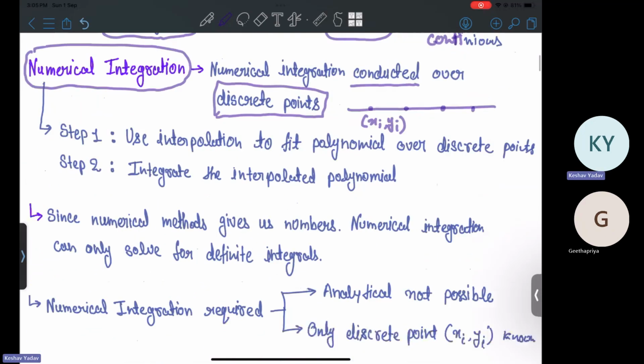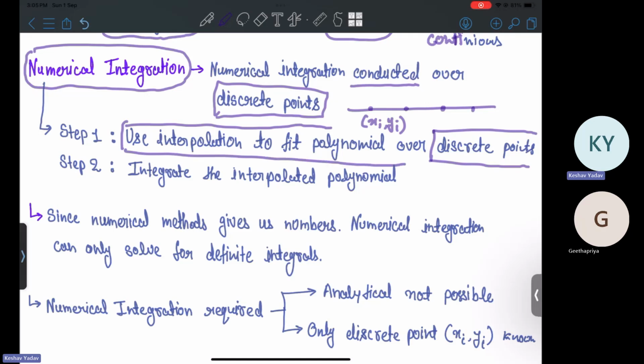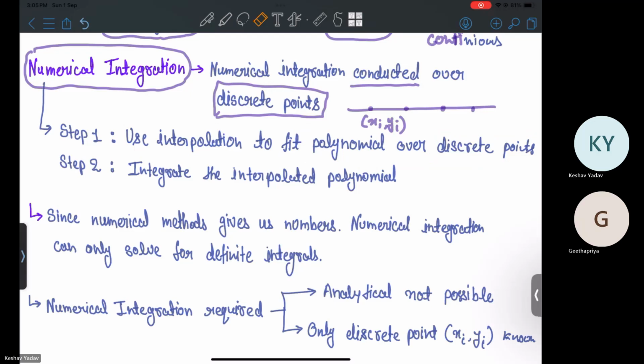So what we do in numerical integration: first, using these discrete points, we find an interpolating polynomial. How to find the interpolating polynomial has been discussed in week 5.